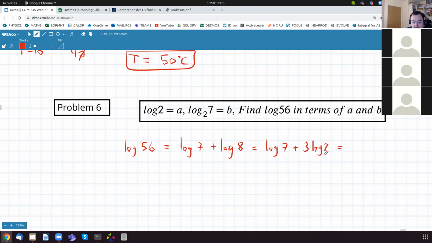Okay, we know log 2. We don't know log 7. Well, log 7, let's change the base to 2. Well, that's not very useful.